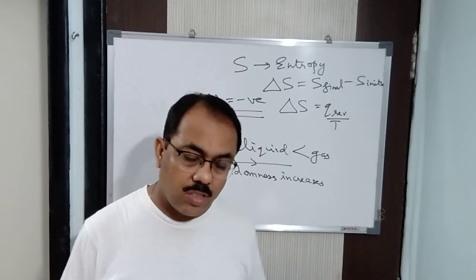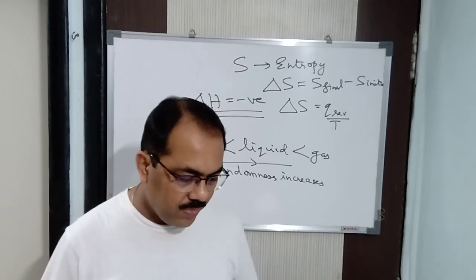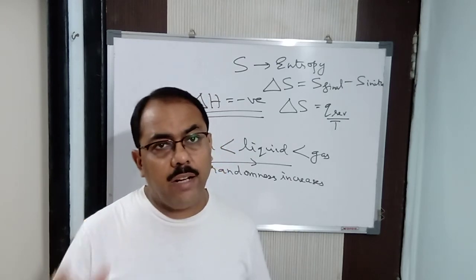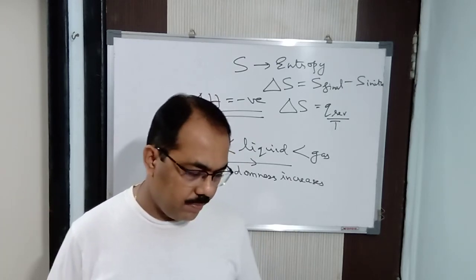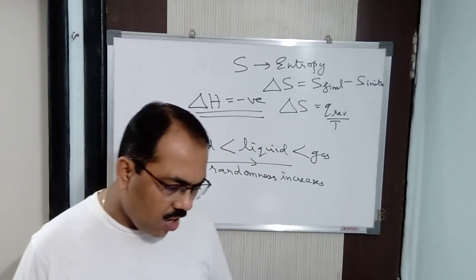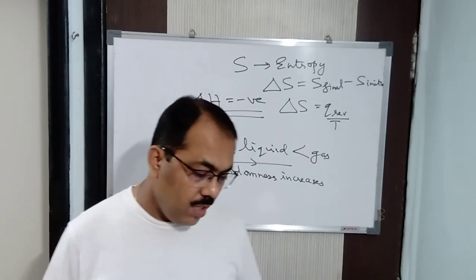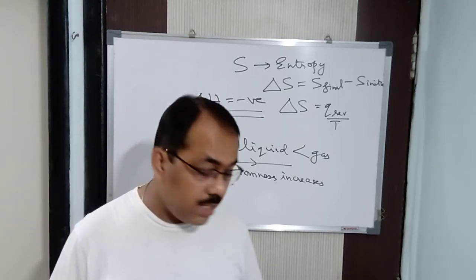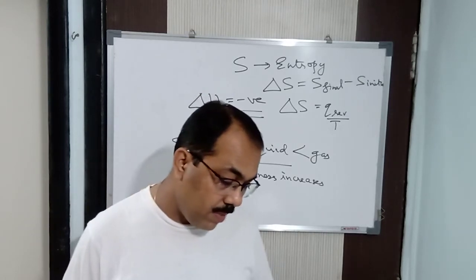I'm not using that word. It can be done, you will see later on. But for the time being, I am saying that it's not possible to measure the entropy of the surroundings. However, in the study of thermodynamics, we are mainly concerned with the change in entropy, denoted by delta S, which is given by Q reversible by T.